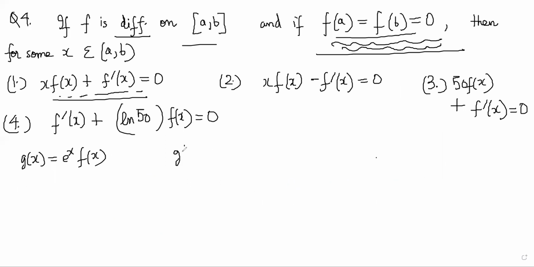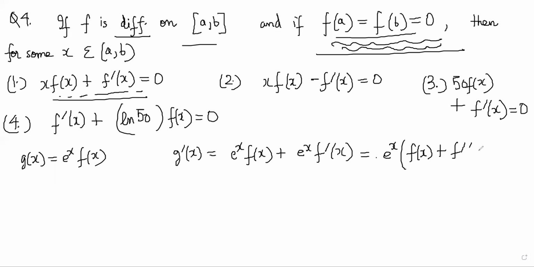In that case, g dash x will become e power x f of x plus e power x f dash x. You'll get e power x common, f of x plus f dash x equal to 0. It is similar, but there is an x missing, so it's still not correct.